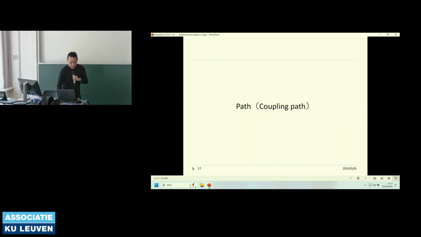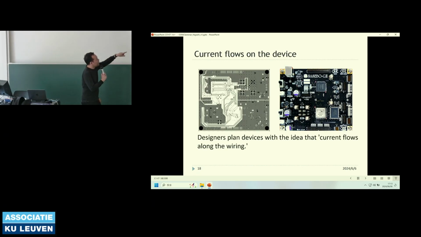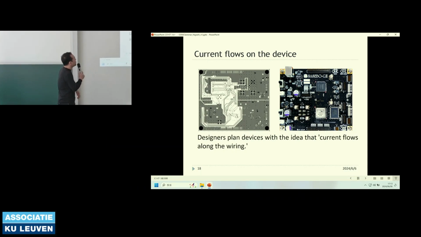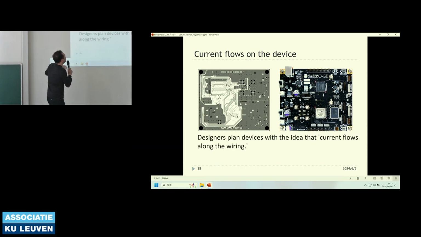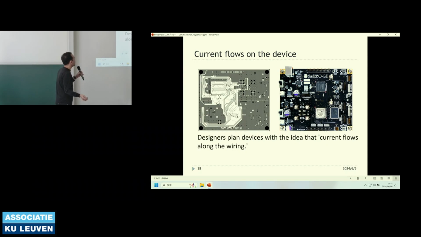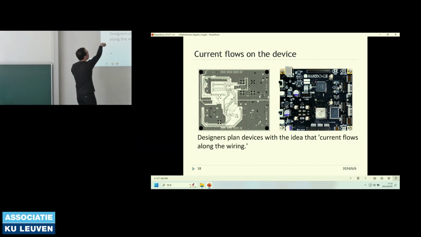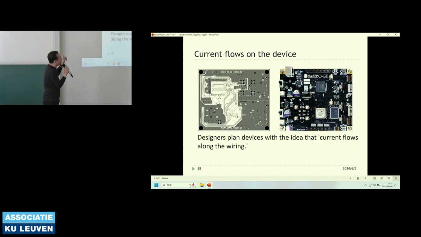Okay. Next is a path, a coupling path. What is a coupling path? Okay, this is design data of Sasebo G. This is layout data. There are many transmission lines. The designer, in this case Daisuke or Makoto or some researcher, designed these patterns. The designer plans a device with ideal current flow along the wire.